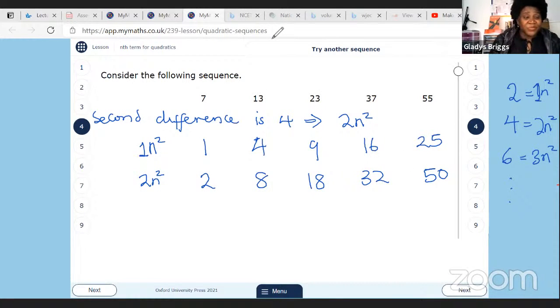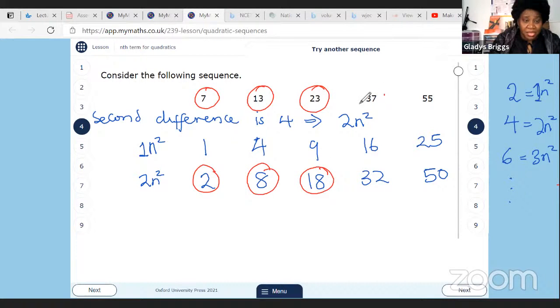So instead of doing the subtraction with 1n squared, we're going to be doing the subtraction with 2n squared.